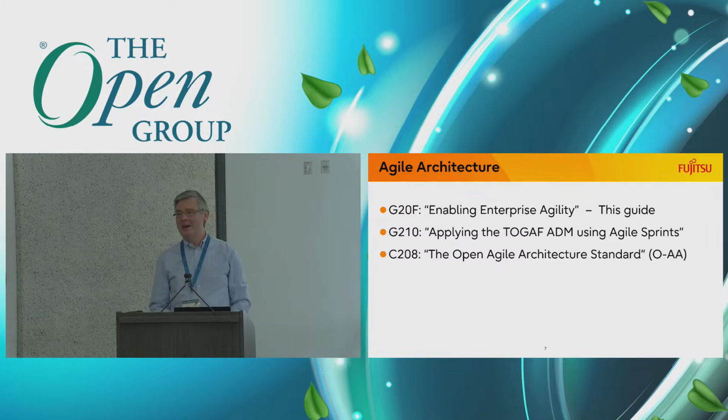So I'd encourage you to look at that too. That gives a whole collection of tools and techniques and guidance and building blocks, as they're called in the OAA, for helping you with agile working. And I think the OAA also covers a little bit on design thinking, if I'm not mistaken. So again, another source of advice and guidance on agile working.